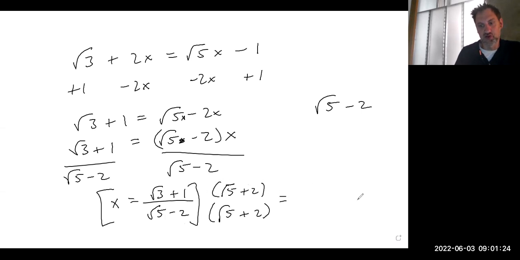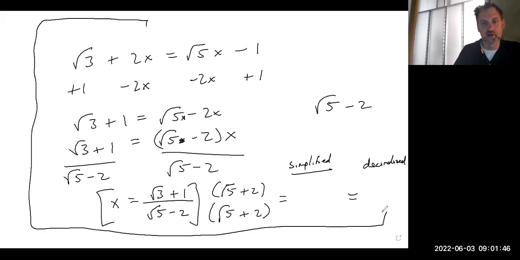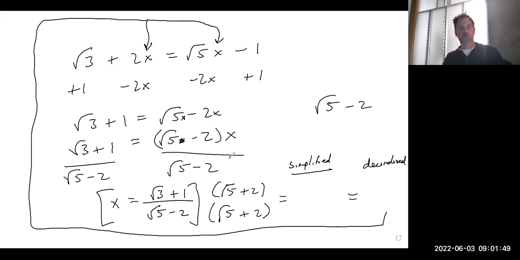A simplified answer, also a decimalized answer, to see if the answer is approximately correct. Remember, when you use decimalized versions of things, it's only going to come out to be approximately correct. So you get prepared for that.